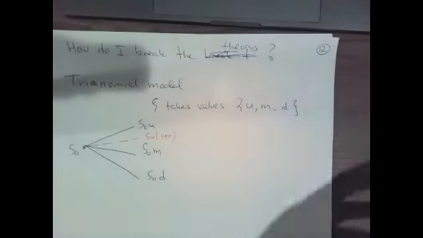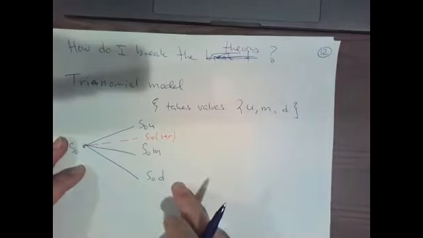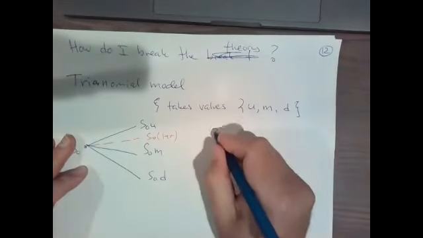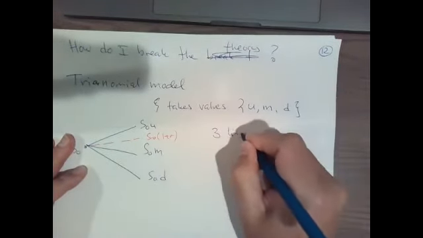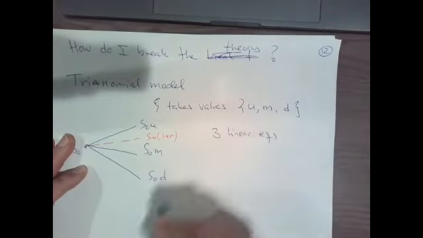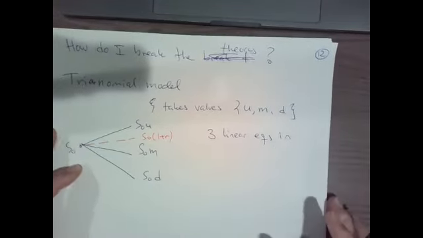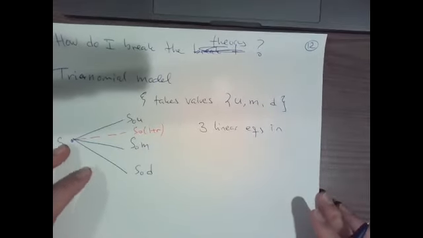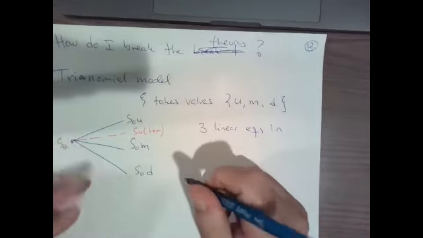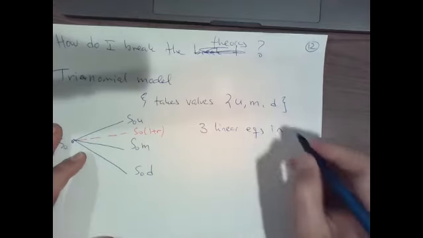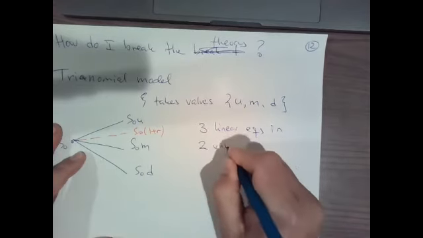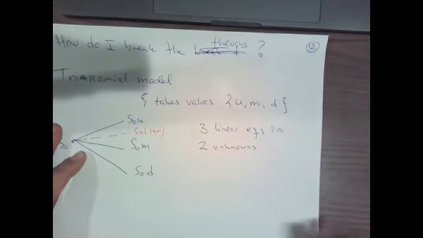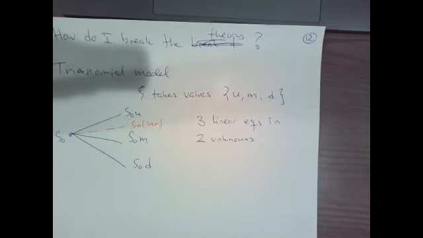So what will I get now? Well, now I have 3 values of psi. So I'm going to get 3 linear equations in how many unknowns? Well, I'm still only going to have a bank and a stock. There are only 2 unknowns. Okay, so such a system, how many solutions does it have?